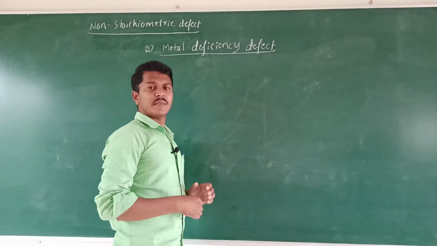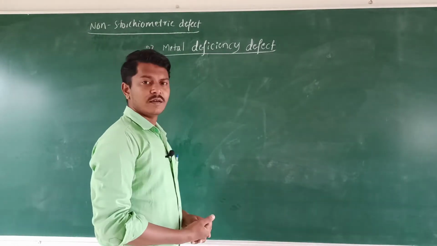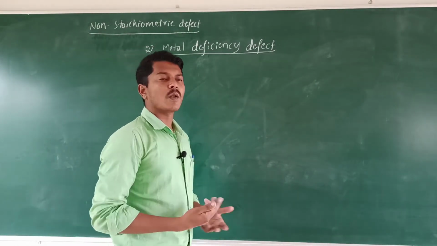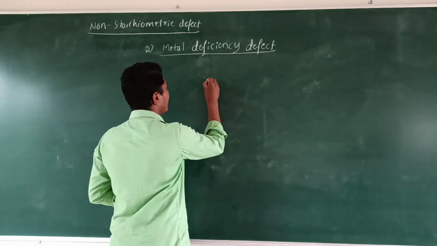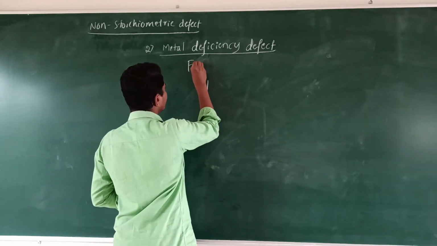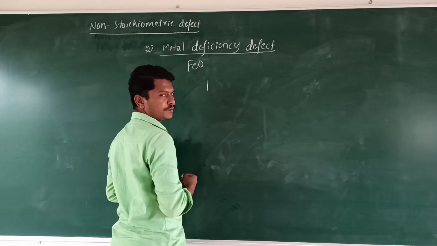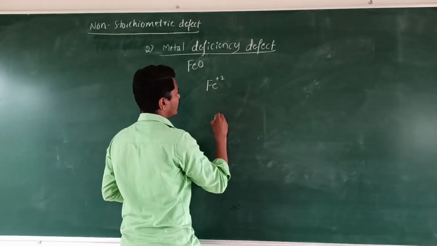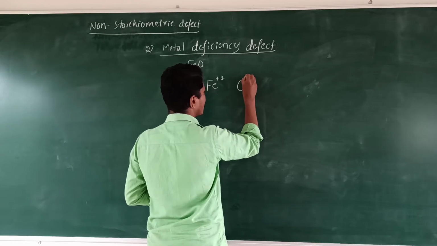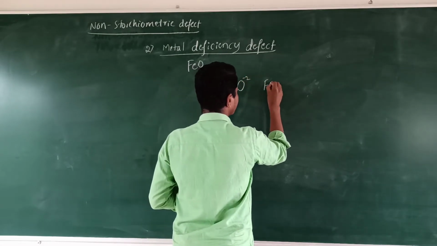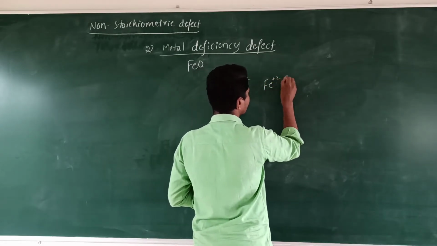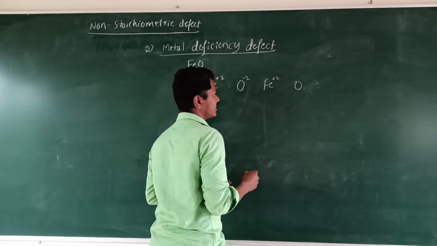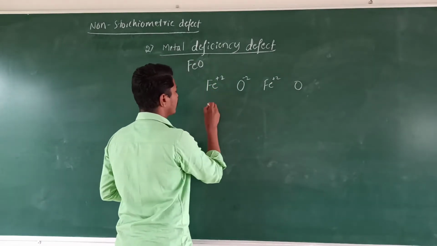What do you mean by this metal deficiency defect? Here, some of the metals are lost. For example, a metal having two valency, oxygen also having two valency, like this arrangement appears in the crystal.